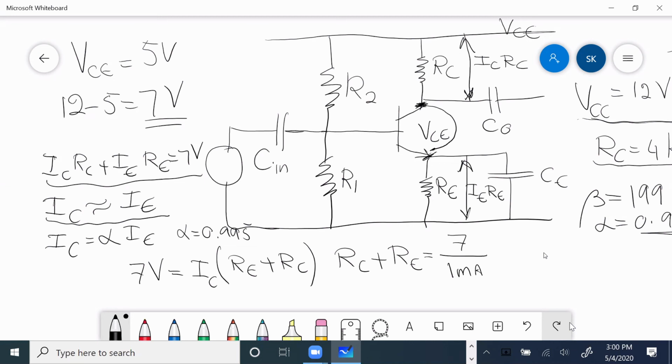then RC plus RE is going to be 7 kilo ohm. In which case, since my RC was 4K, then RE is to be 3K.